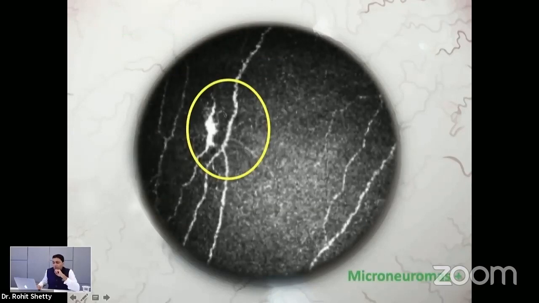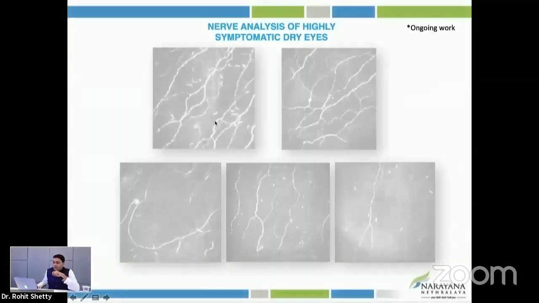And this is also very important. These are microneuromas of the nerves, and these are the patients who come with chronic neuropathic pain. They complain of pain, and nothing can relieve them. You treat them with whatever. One of the things which I feel helps them is probably autologous serum, because there are some nerve growth factors there, but still we are not sure how to treat them, because without confocal, it's impossible to pick what is really happening.